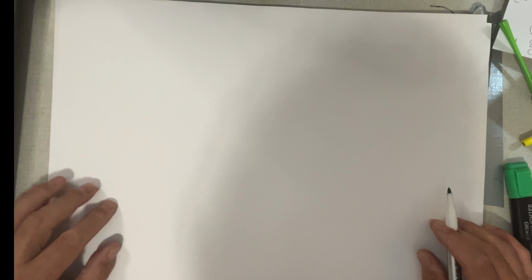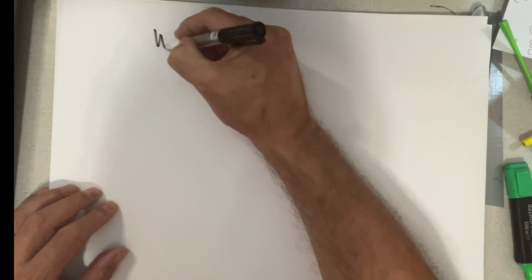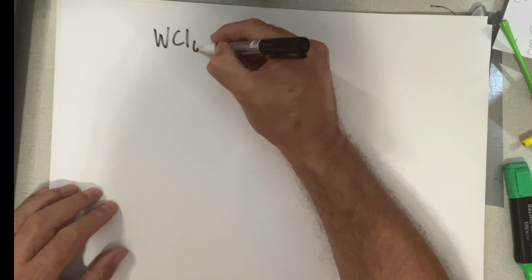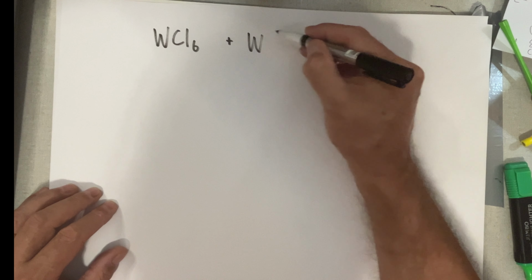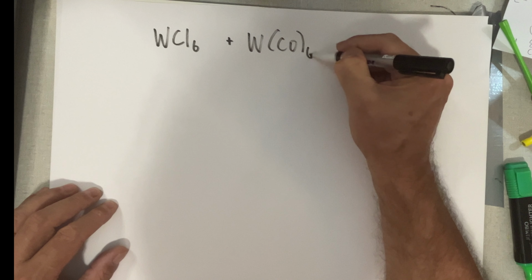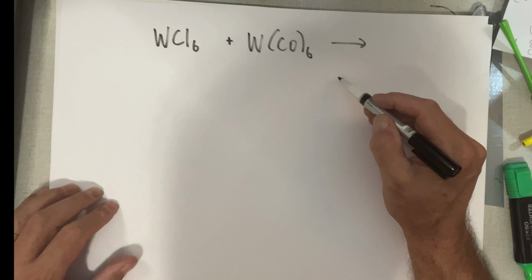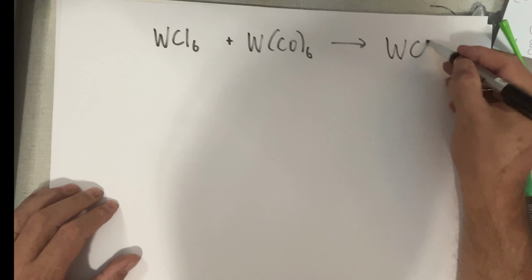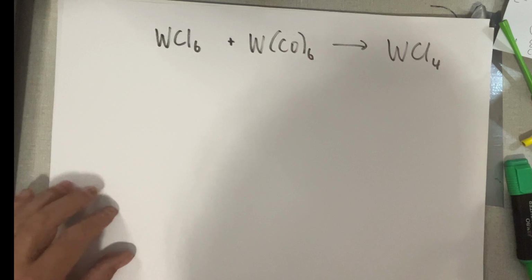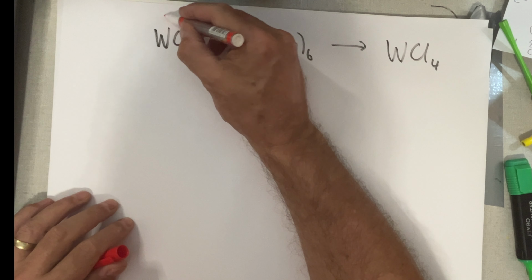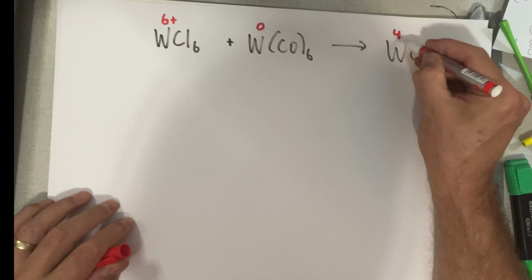First of all, they had to start by making so-called starting materials, and the way they found to work best was to work with tungsten hexachloride that they reacted with tungsten hexacarbonyl, and this was done in the presence of chlorobenzene as a solvent, and that produced tungsten tetrachloride. So the oxidation states here vary quite dramatically, because here you have a 6+ oxidation state, here you have 0, and here you have 4+.